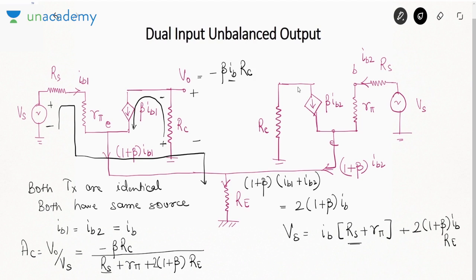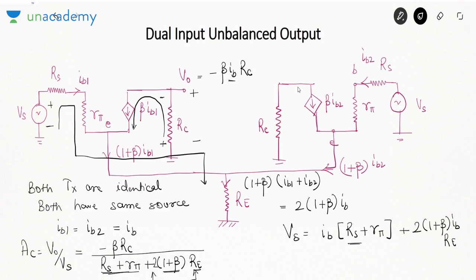Now this Rs, R pi and RE are of the same order. That is, all are like 2-3 kilo ohm resistors, but this RE is multiplied by 1 plus beta. Due to this 1 plus beta, this entire term is much larger than the rest of the expression. Are you getting my point?